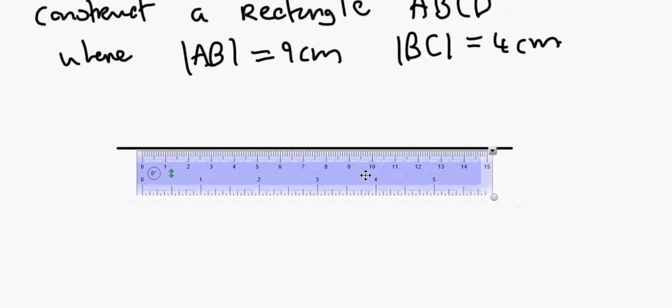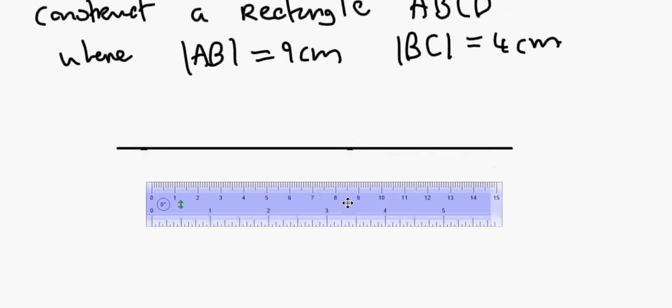Okay, so 9 centimeters. You can see where the start and end of 9 centimeters are, and this has to be AB. So this part here can be A. This part here can be B. So we can see where the points A and B are. So AB being 9 centimeters.